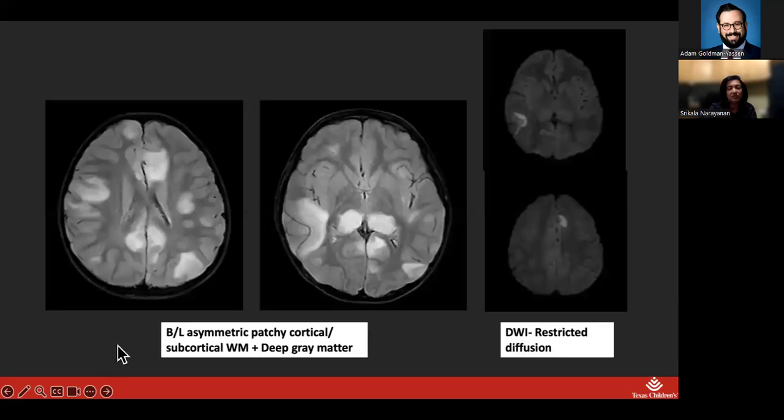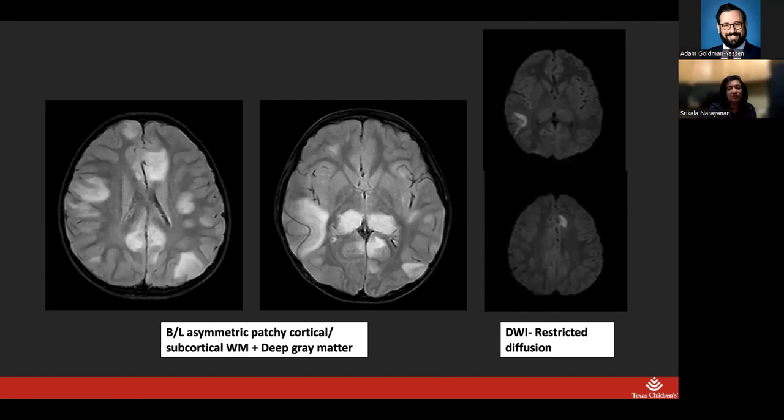I think many of us would have encountered cases like this, where a kid presented before MOG antibody testing was available. You could see bilateral, asymmetric, patchy, cortical, subcortical white matter changes, involvement of the thalami bilaterally, and cortical restricted diffusion. So it looks like, is it ADEM, is it viral encephalitis?